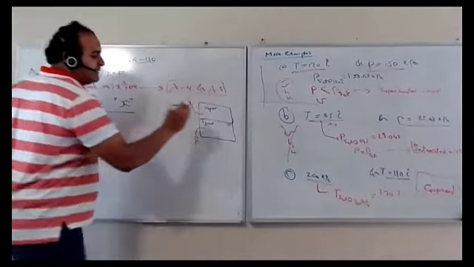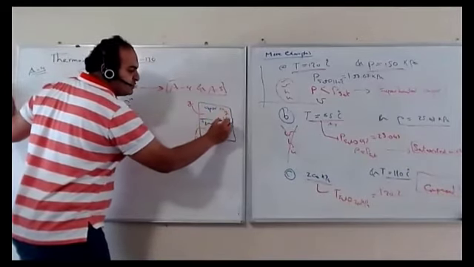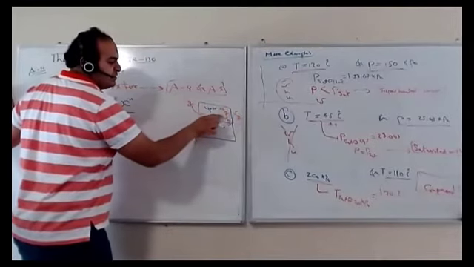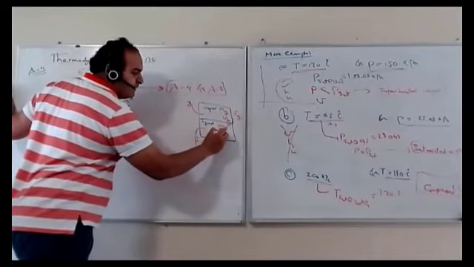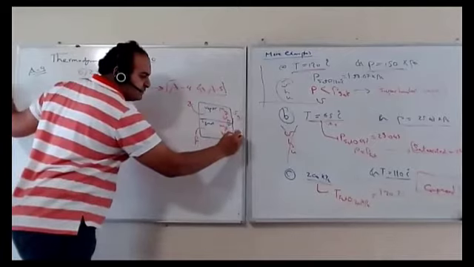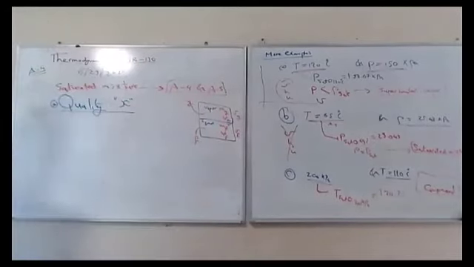For example, the mass of vapor is mg, the volume is Vg, and the specific volume is vg. How about here? mf, volume Vf, and specific volume vf. Is it clear, guys? Some liquid and some vapor. Any problem?